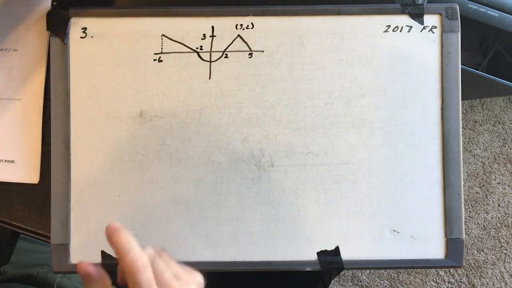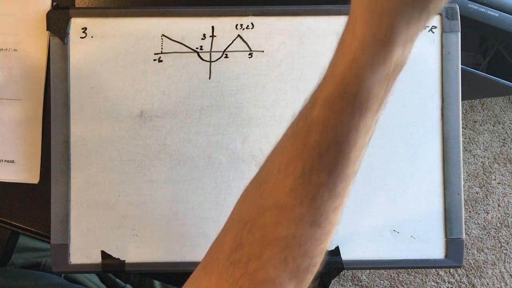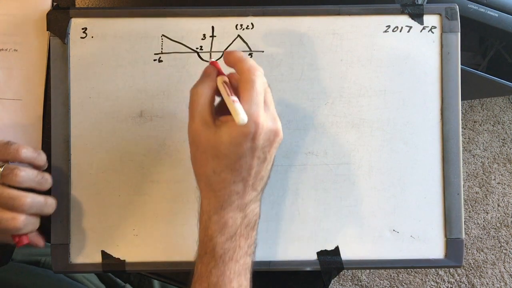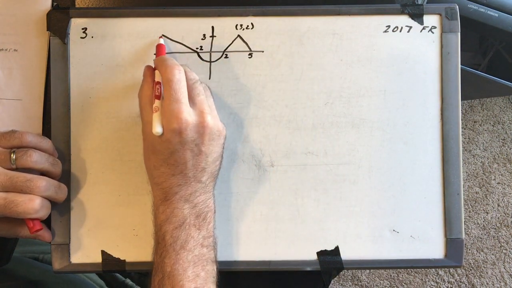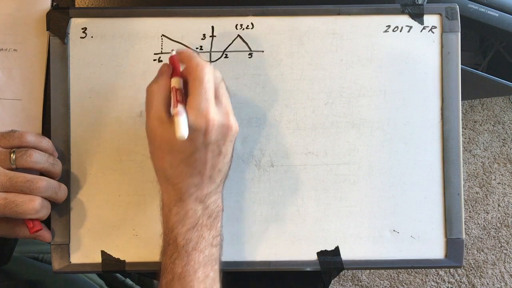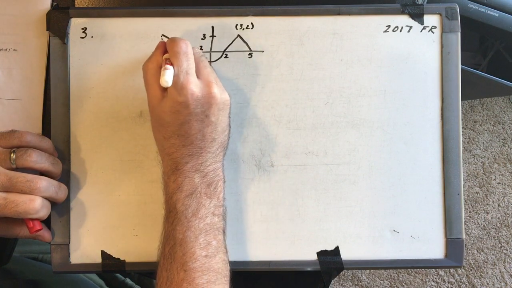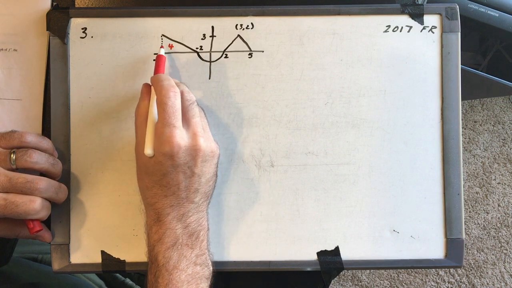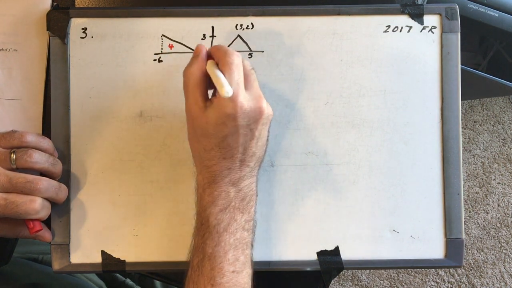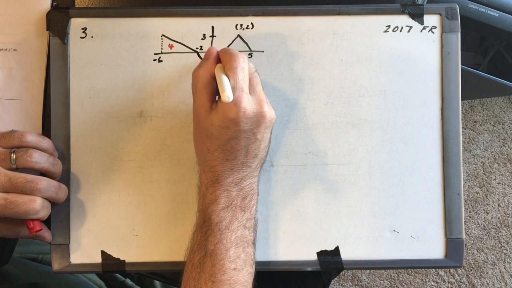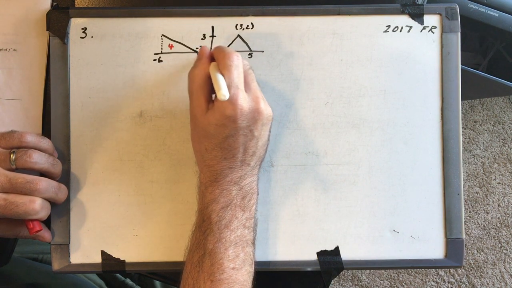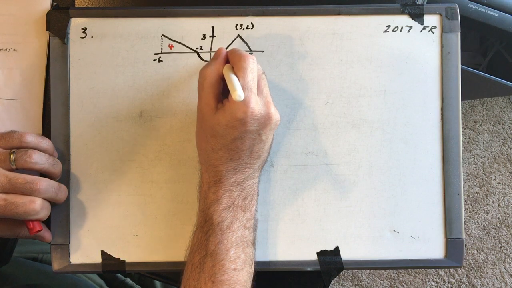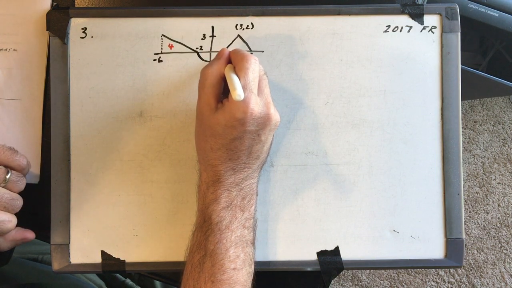I probably should have drawn this a little bigger, but I'll put in red what the areas are. The area of this triangle above the curve is 4, that's 1/2 base times height, 1/2 base of 4, a height of 2. The area of a circle is pi r squared, so this semicircle is 1/2 times pi times r squared.